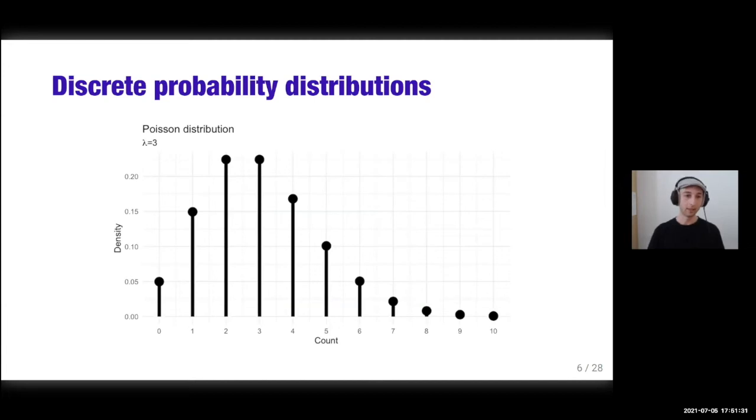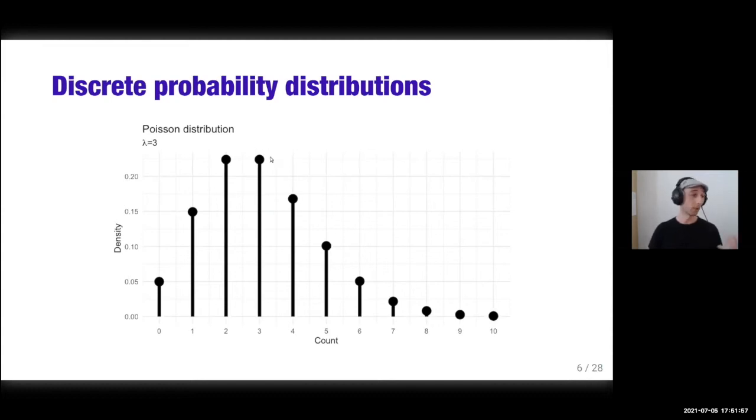And the discreteness of this distribution, you can see it visually by the fact that you have these vertical lines and, let's call it, a lollipop at the top.